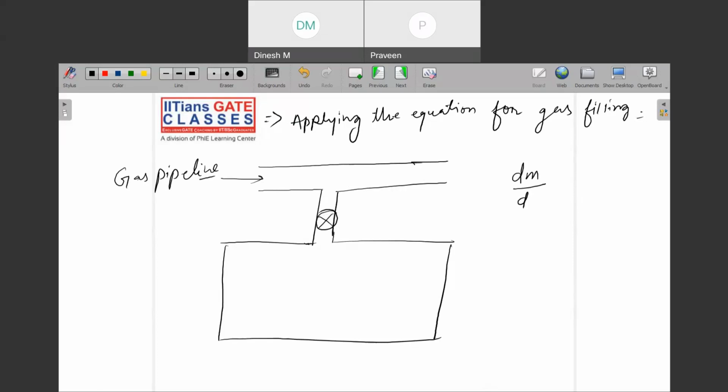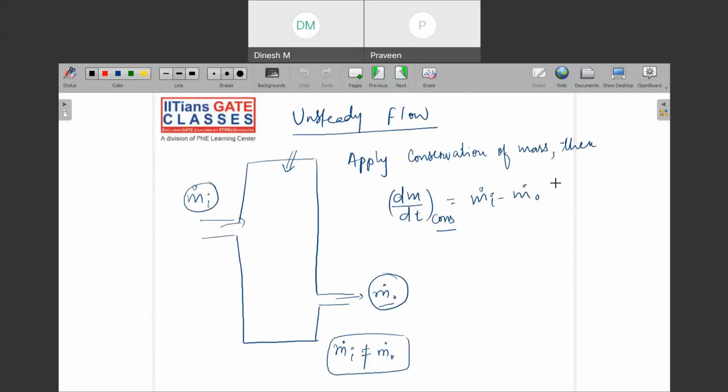What did we write for dm by dt? Let us go to that. We wrote it as mass entering minus mass going outside.